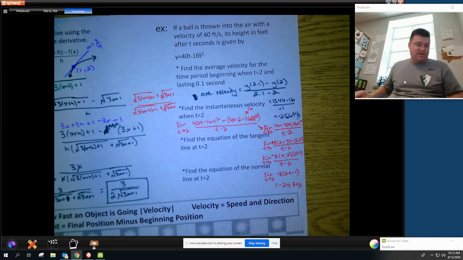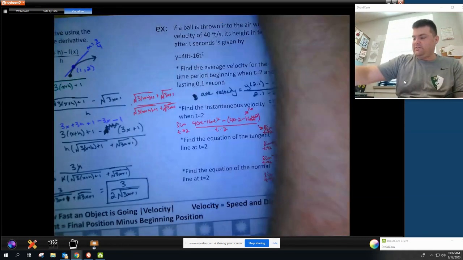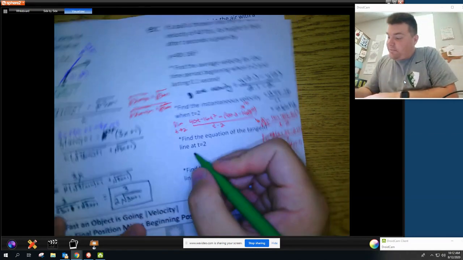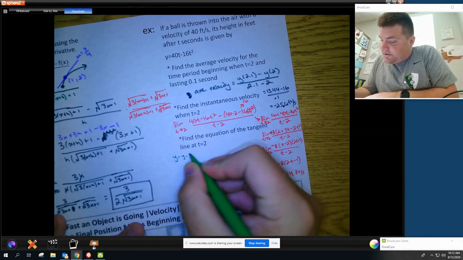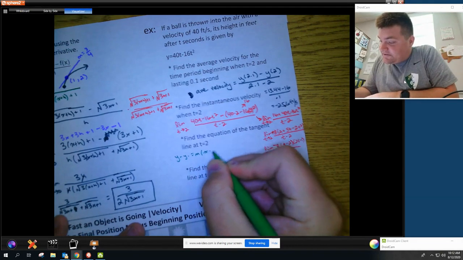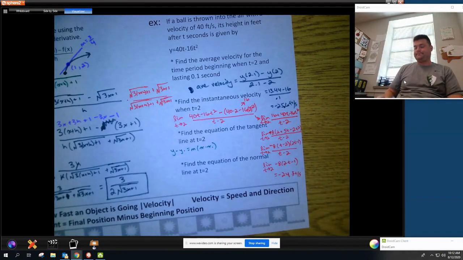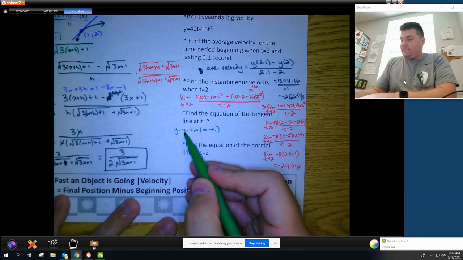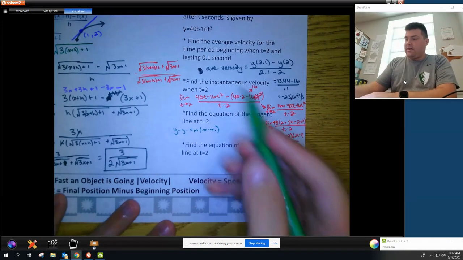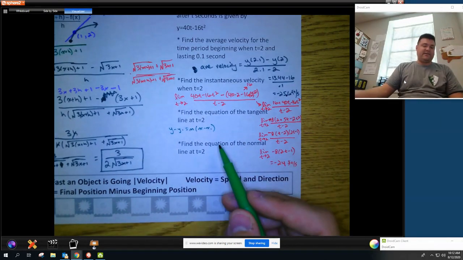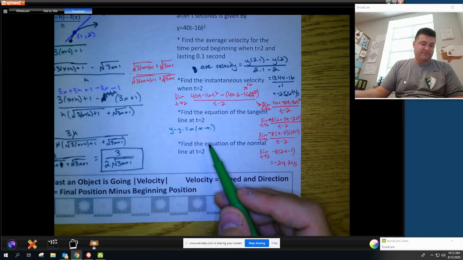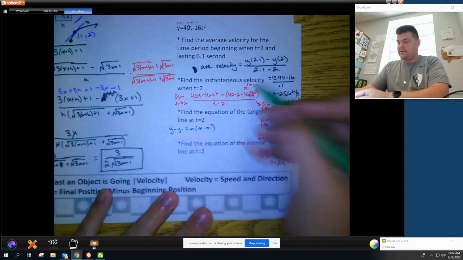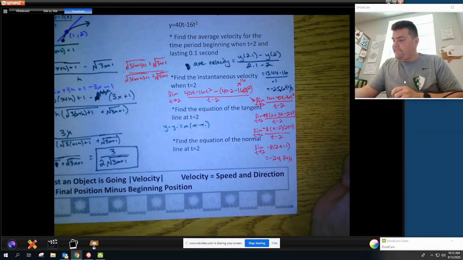Let's find the equation of a tangent line at 2. So for a tangent, the equation of a line, by the way, is y minus y1 equals slope times x minus x1. Okay? So I have the y value. I needed to plug that in to get my y value, which I did before because I got that to be a 16. So I already did that.